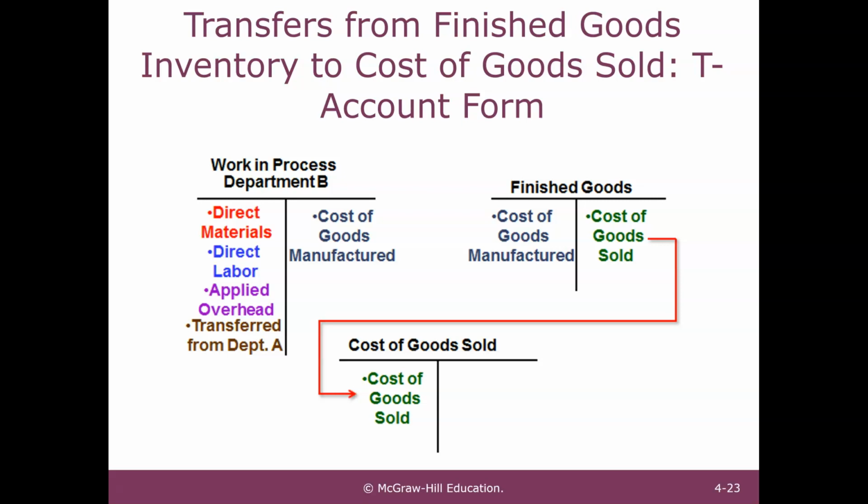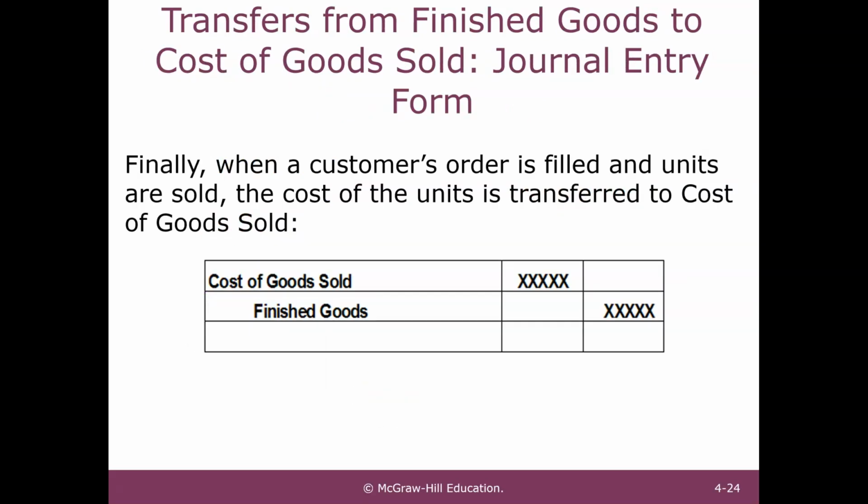You don't want to keep the costs in the asset account. You want to transfer them to cost out the expense of making that product. And by doing that, once the items are sold, you transfer it from finished goods into cost of goods sold. Debit cost of goods sold and credit finished goods to do that.